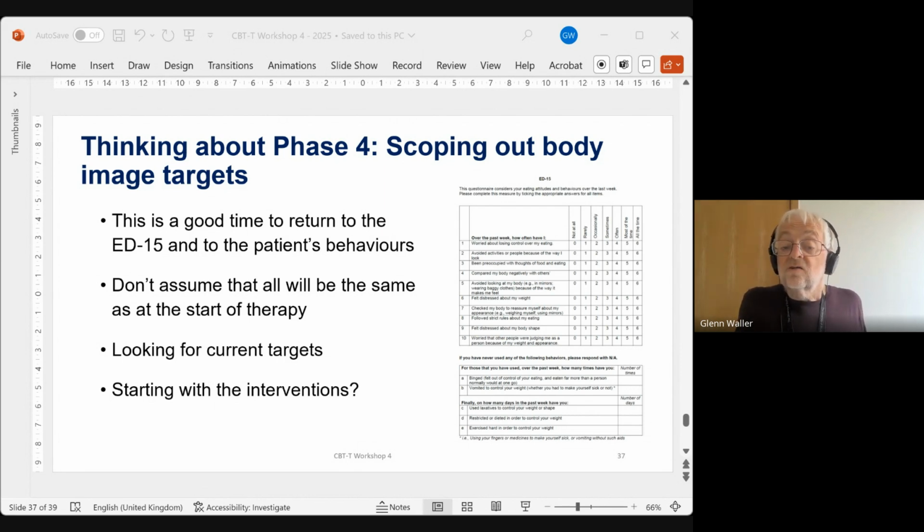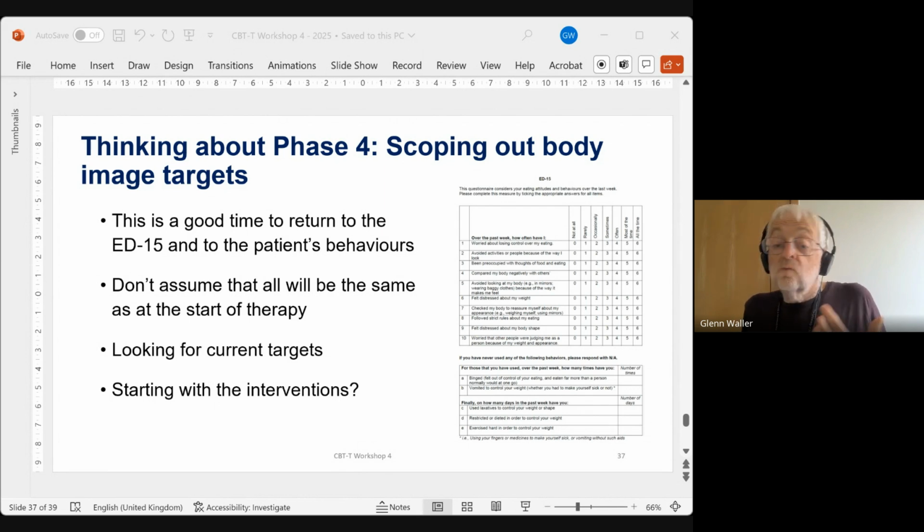So finally, the last thing I do during session 5 is try to get an idea about body image targets. It's just a couple of minutes at the end of the session, but I'd look at the ED15 and say, okay, let's look at the items on there which relate to what we're going to be doing about body image.